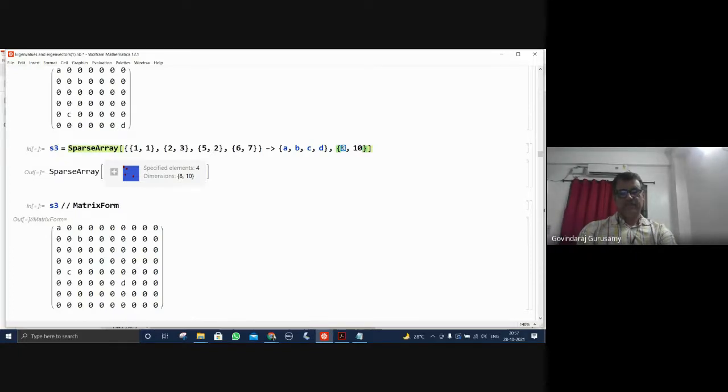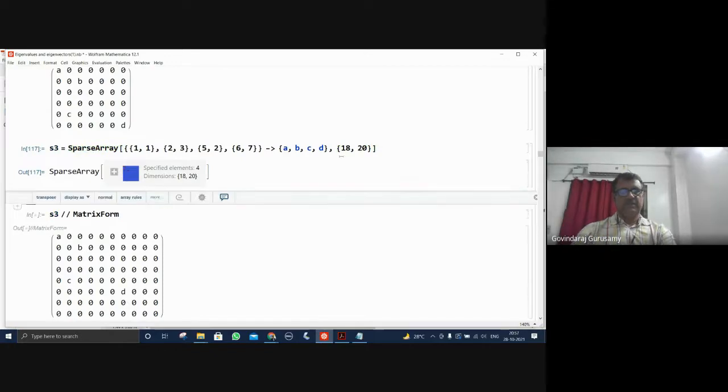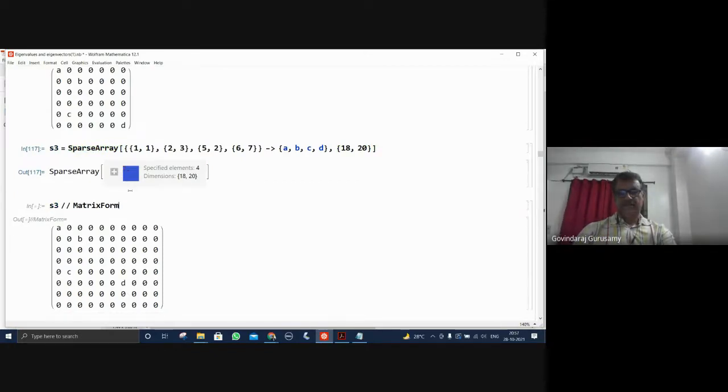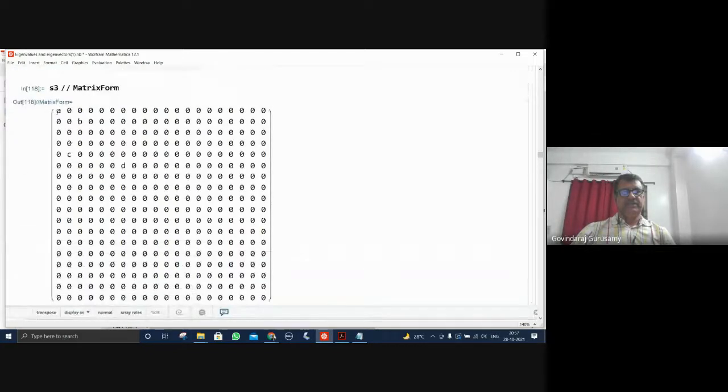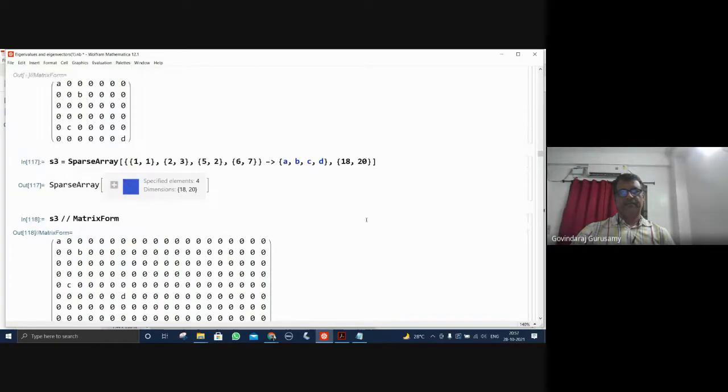Let me try here. 1H and 20, except those elements I wanted, look at the zeros in other places, except this A here, C here. There is B. B is here. A, B, C, D. All other places are 0. So that's where this sparse matrix is useful.